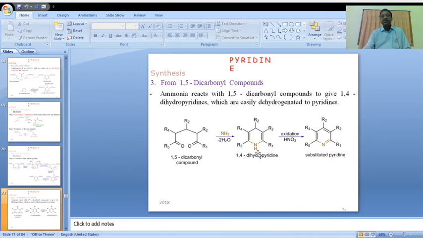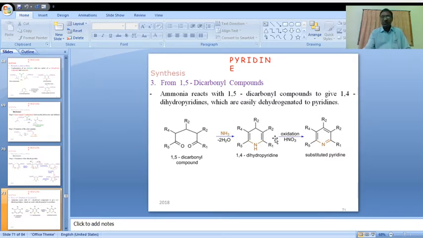Here at the first place there is hydrogen, and at the fourth place there is a hydrogen, because it is called 1,4-dihydropyridine. In this reaction, ammonia reacts with 1,5-dicarbonyl compounds to give 1,4-dihydropyridines, which are easily converted to pyridines.